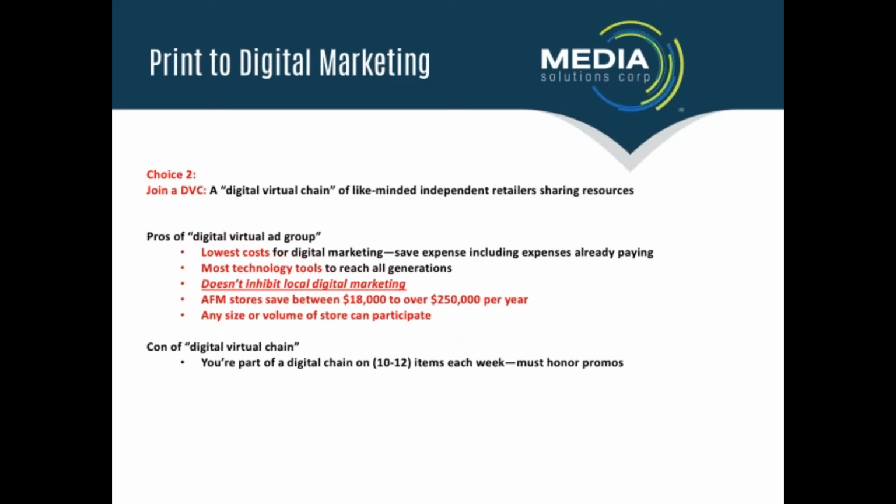Our estimates are that affiliated food stores, for the most part, would save between $18,000 a year up to $250,000 per year if they went to store copies only, or if they stopped distributing insert ads. So there's still an ad that's on the website.